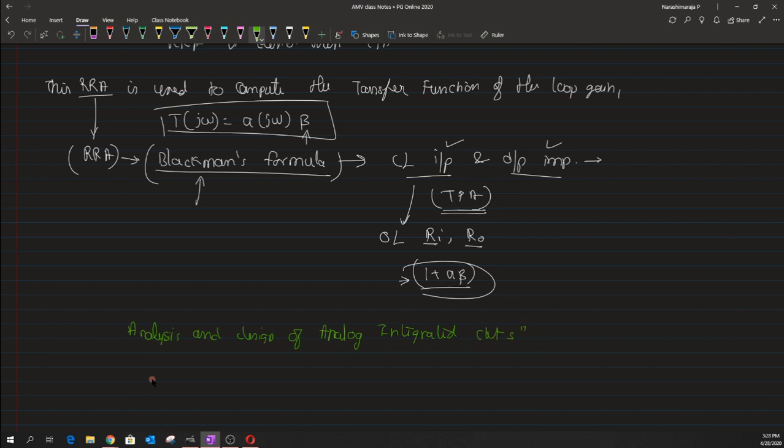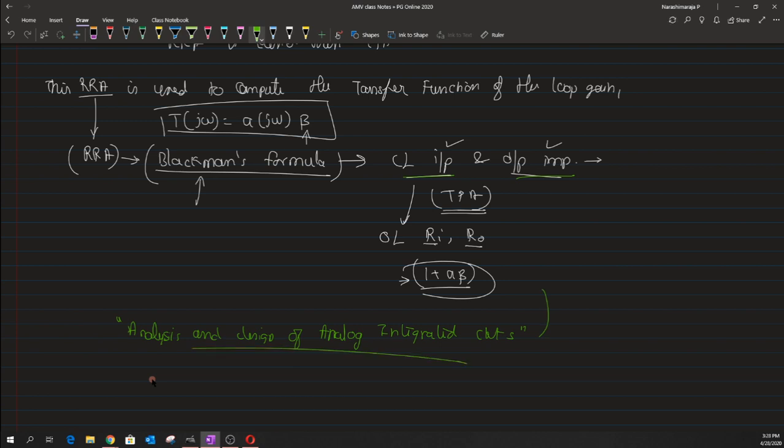Okay, so this is the title of the textbook, from which I have taken part of the discussion. If you want to get more in depth on how to calculate the closed loop input and output impedance using Blackman's formula, one could follow this particular textbook.